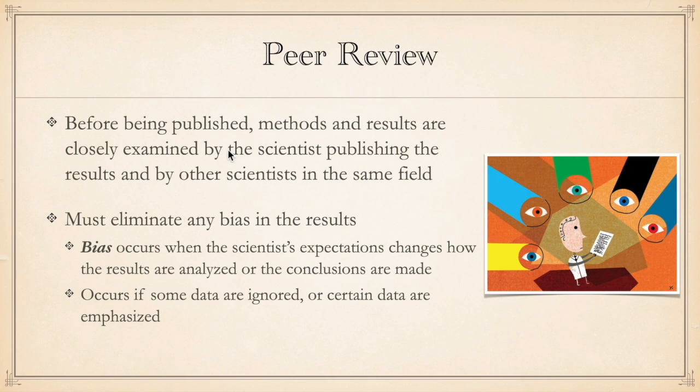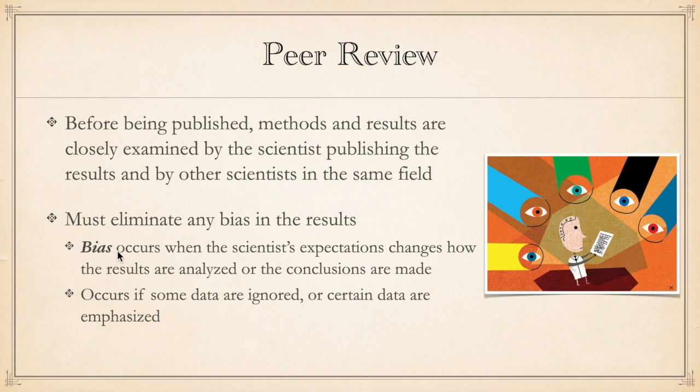Peer review. Basically, before being published, methods and results are closely examined by the scientists publishing the results and by other scientists in the same field. Must eliminate any bias in the results. Bias occurs when a scientist's expectations change how the results are analyzed or the conclusions are made. So if you're testing a new medicine and you're the drug maker, you're going to want it to work.